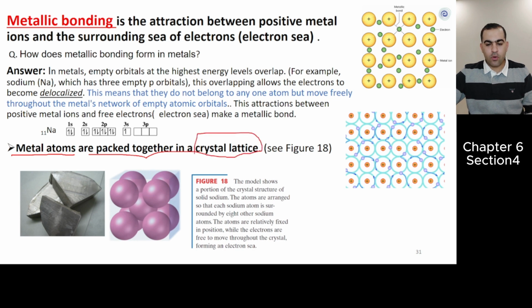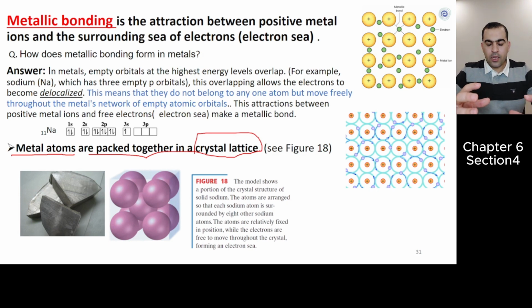I think this word is not new for you. We talked about ionic compounds. We said the positive and negative ions are arranged in a crystal lattice that makes their potential energy decrease to become more stable.